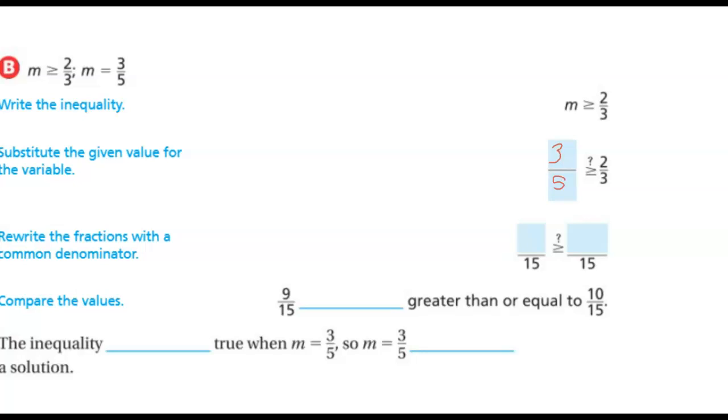So 9/15 and 10/15. So 9/15 isn't, it's time to use contractions, greater than or equal to 10/15. The inequality isn't true when m equals 3/5. So m equals 3/5 is not a solution.